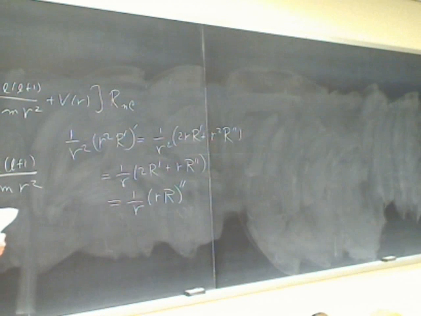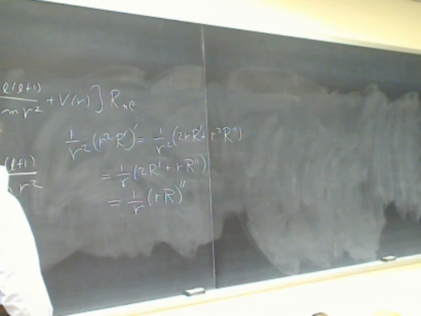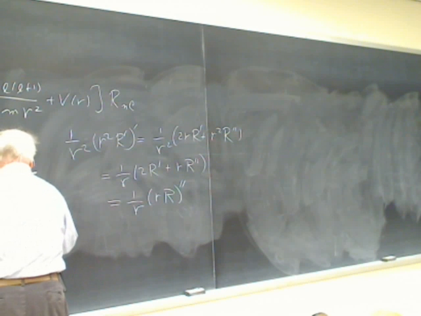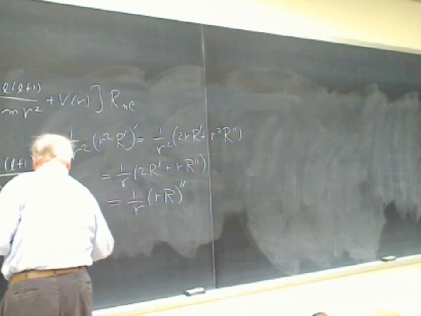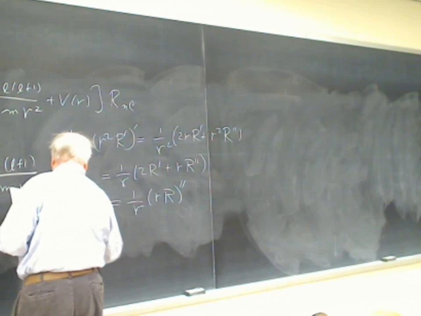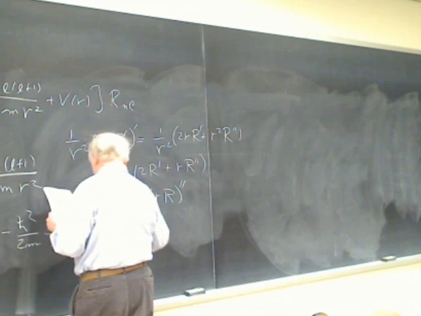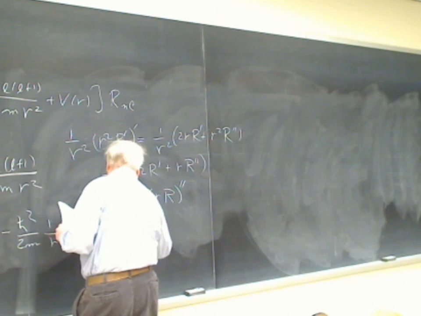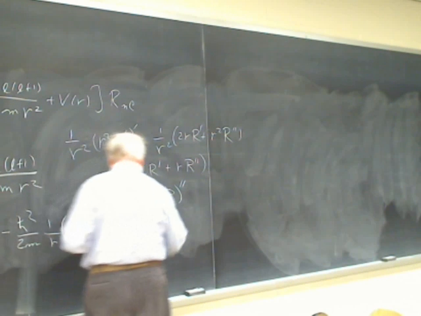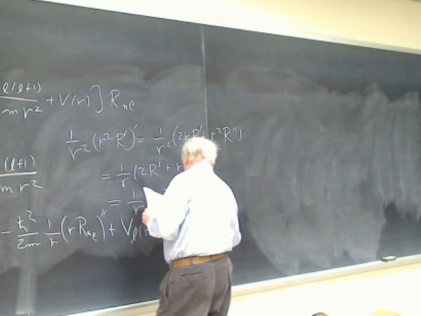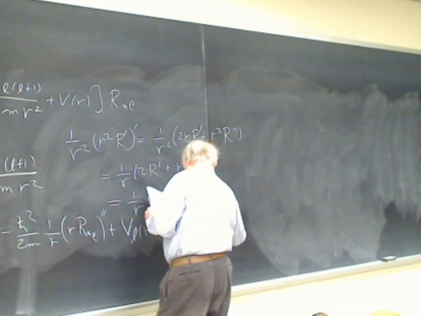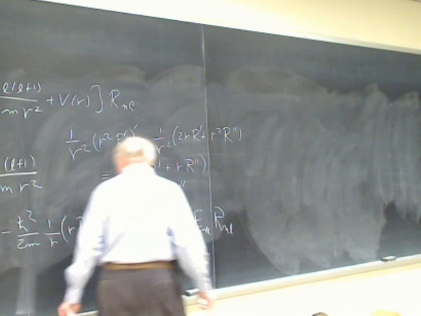That's a neater way of looking at it because in these terms, the radial equation is minus h bar squared over 2m, 1 over r, (r R_nl) double prime, plus V_l times R_nl, is equal to E_nl R_nl.